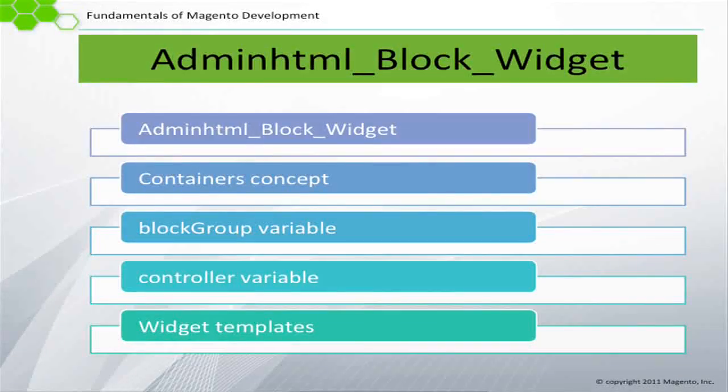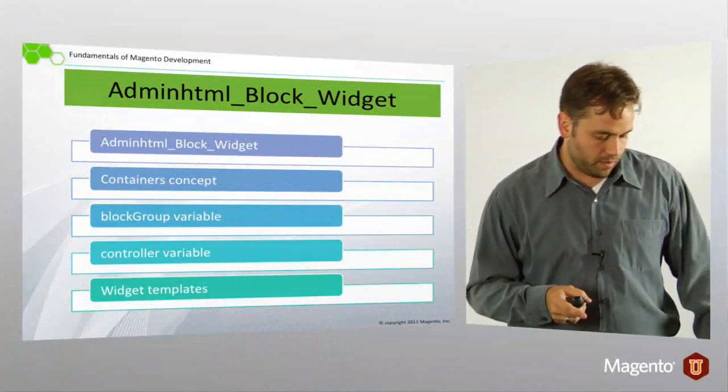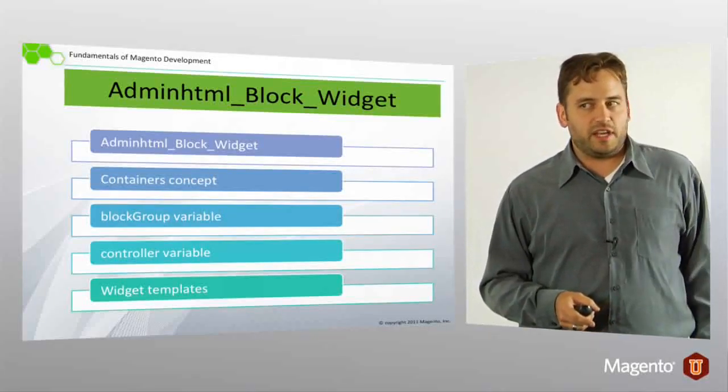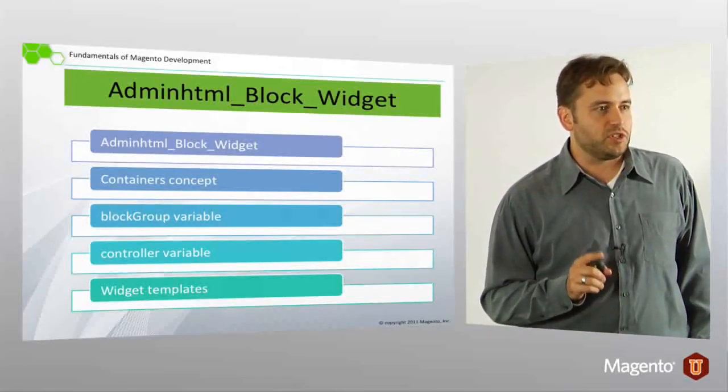So basically in the Adminhtml area, we have this Adminhtml block widget class, okay? So if we want to leverage these Magento classes and conventions, it's actually a fairly simple thing to configure once you understand.